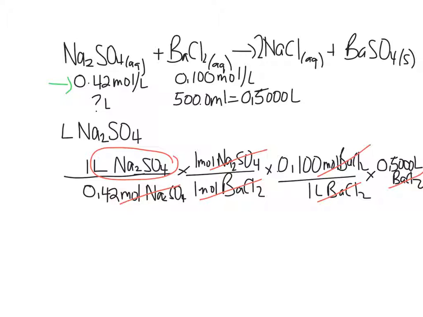So in your calculator, you've got 1 times 1 times 0.1 times 0.5 divided by 0.42.